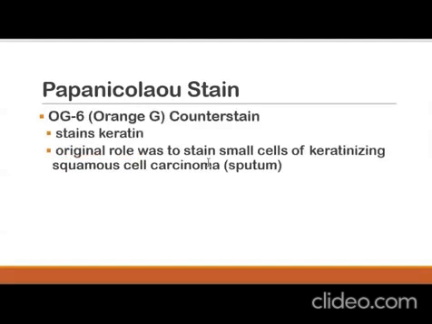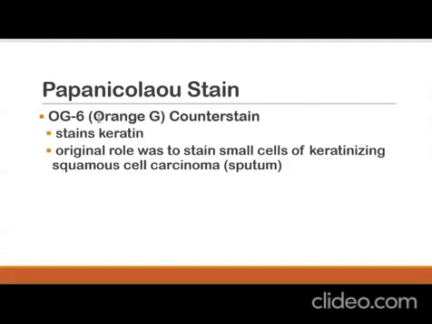Then we proceed to your OG6 or your orange G counterstain. This one has a number, 6, as you may notice. So what does the 6 denote here? The 6 denotes the concentration of phosphotungstic acid that you have used to formulate OG.